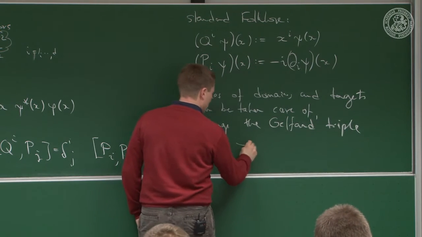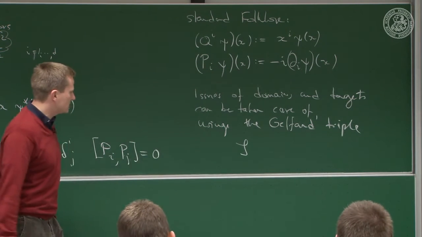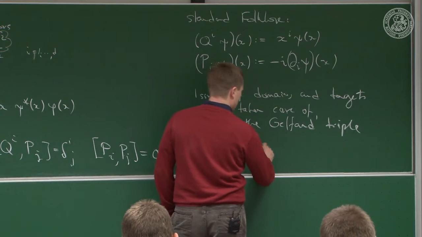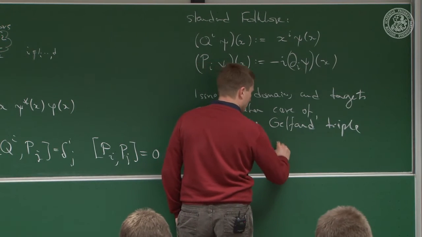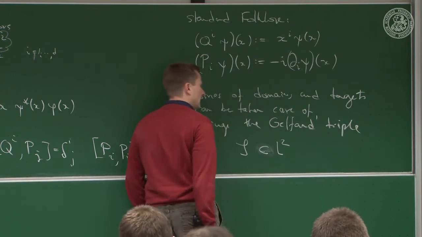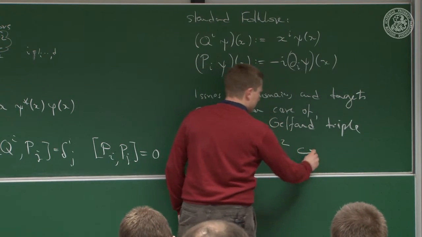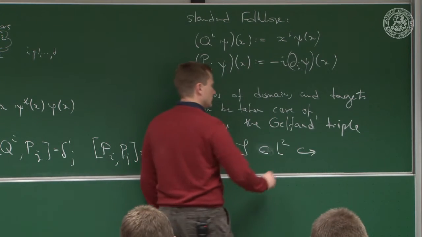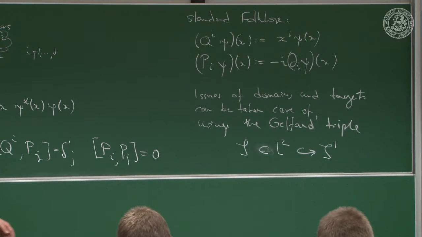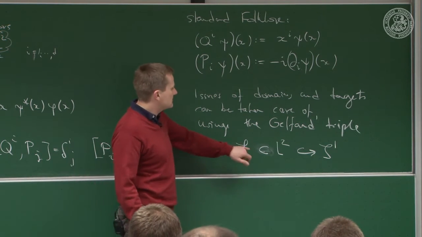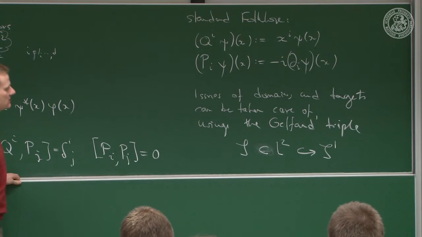So there you look at the space of Schwartz functions, which are certainly square integrable. But however, these again can be embedded into a dual space, so into linear functionals of a certain type on these Schwartz functions.